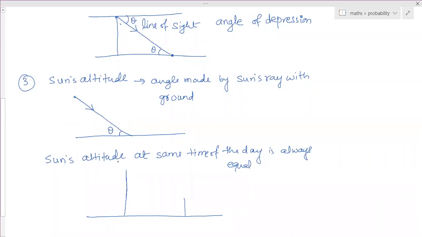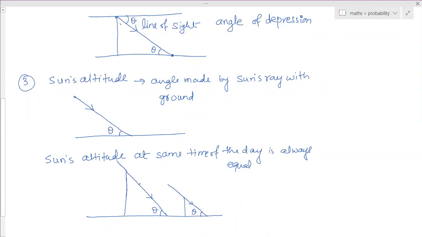When the sun's rays reach, here it will reach like this, and at this position it will not reach, that's the reason we can see the shadow. Here also the same, the sun rays can reach from the top of the tree also. So whatever the angle at the same time of the day, exactly at 10:30 or exactly at 11 o'clock, the angle made by the sun's ray with the ground, these two are always equal.